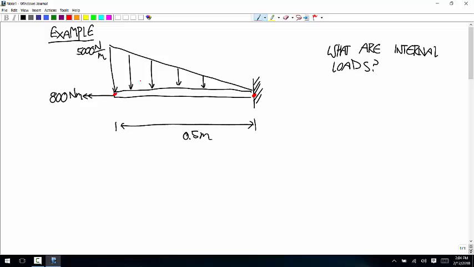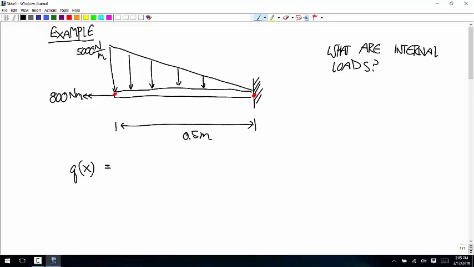Let's start by figuring out what this function is. This is x equals 0, this is x equals 0.5. That function q that we're going to want later is the function that for any x value from 0 to 0.5 represents the height of that distributed load. So q of x is equal to the slope of that line.